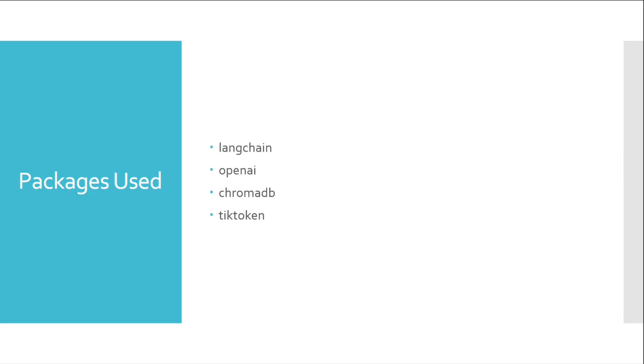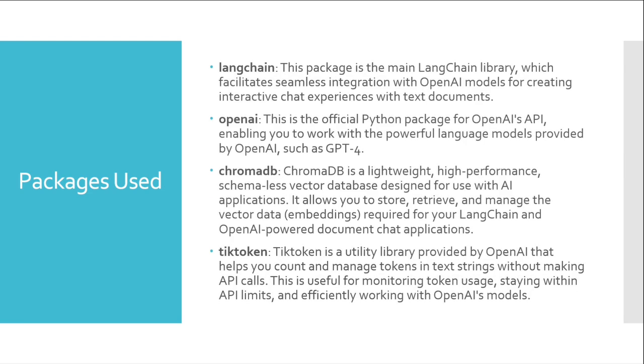The first one is LangChain, the other ones are OpenAI, ChromaDB, and tiktoken. Now let me give you a brief introduction to these packages. LangChain is the main library which facilitates seamless integration with OpenAI models for creating interactive chat experiences with text documents. The OpenAI package is the official Python package for OpenAI's API.